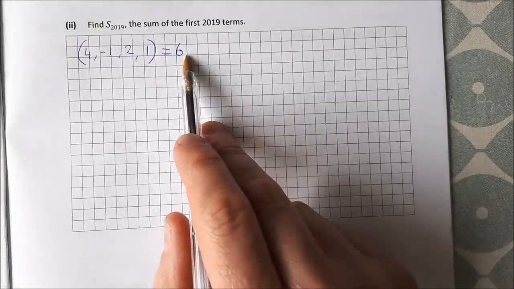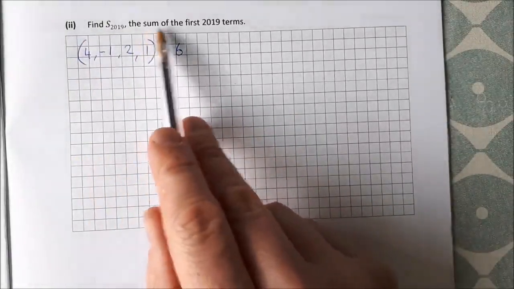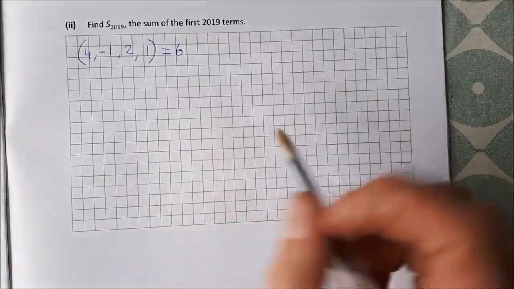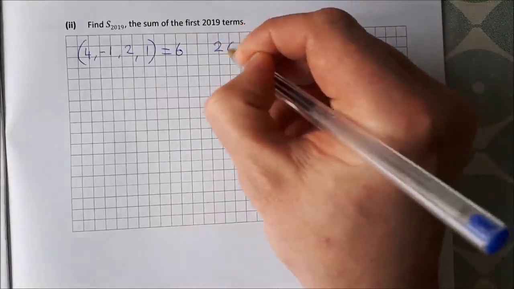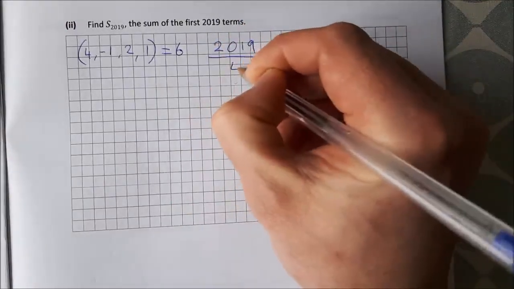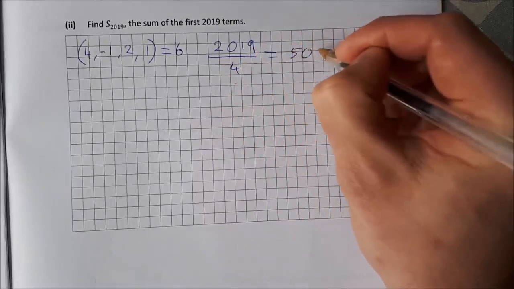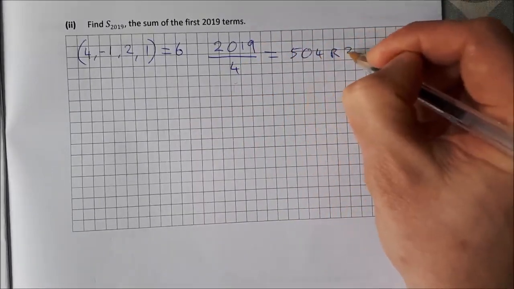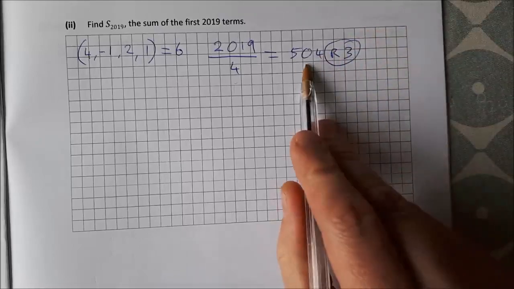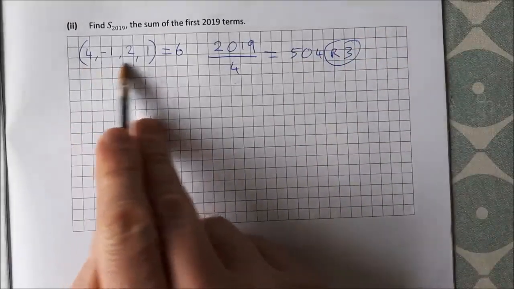Now, how many times do you have 4 terms in the 2019 terms? So what we do is 2019 divided by 4. That gives you 504 with a remainder of 3. So it'll be 504 times this.